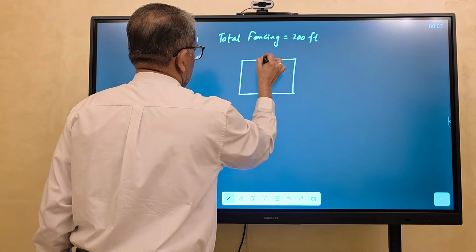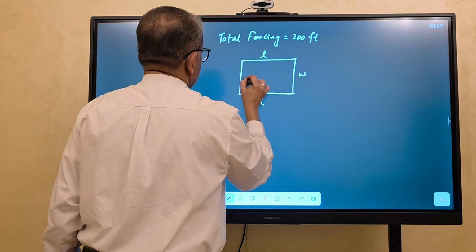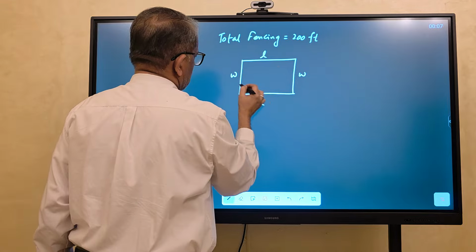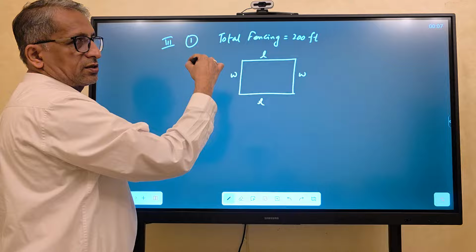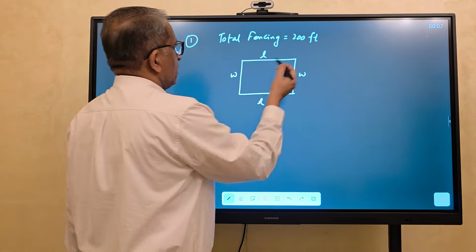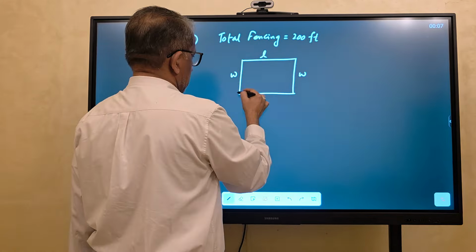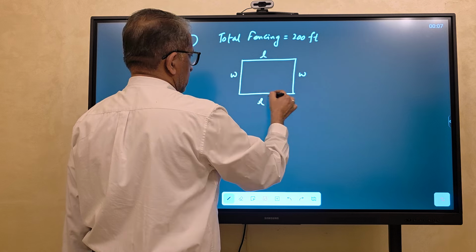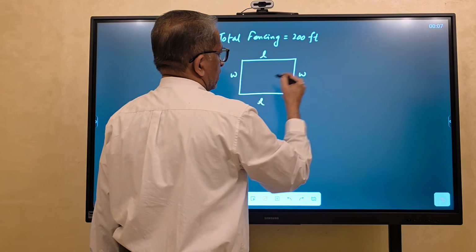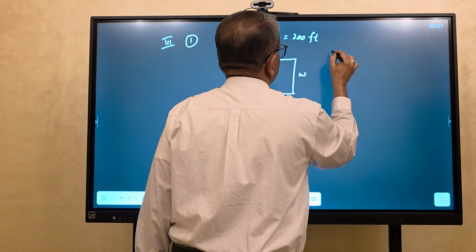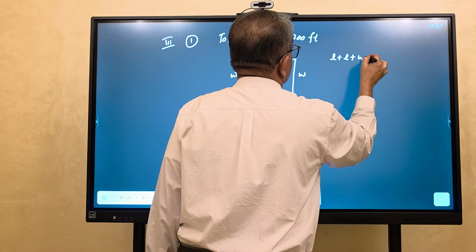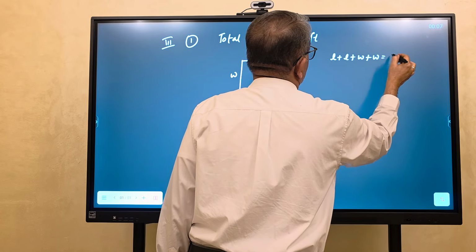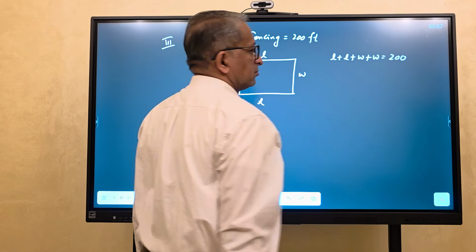So this is L and this is W, that is length and width. This is the rectangular shape, and the total fencing, the sum of all the sides, is equal to 200 feet. That means L plus L plus W plus W equal to 200.